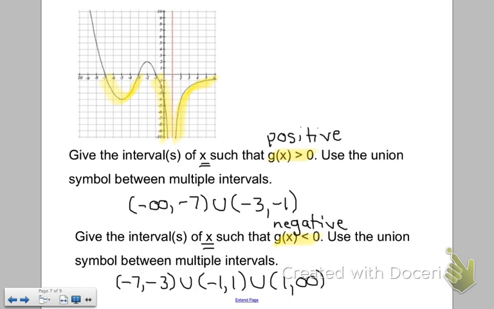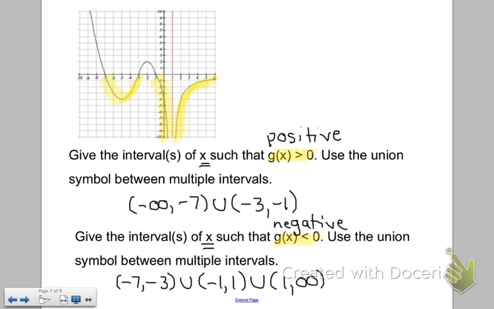Now, another question that I get sometimes about intervals of x where something's positive or negative is why I used parentheses and I didn't use brackets on some of these numbers. Anytime you are talking about an interval where a function is positive or an interval where a function is negative, you will always use a parenthesis.